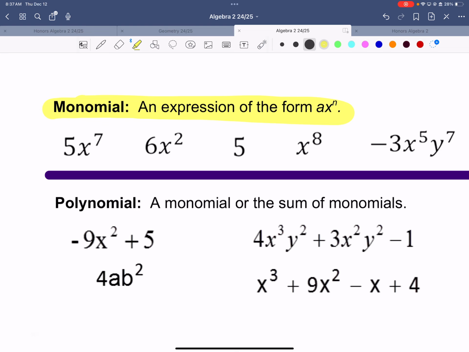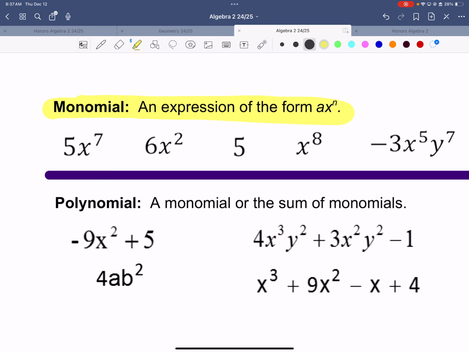So in a monomial, you're going to have a number, a variable, and an exponent, at least one of them. You don't have to have all three. 5 doesn't have a variable or an exponent, but it's still a monomial. It's one term. There's nothing being added, nothing being subtracted, nothing being divided by variables. It's simply one term.